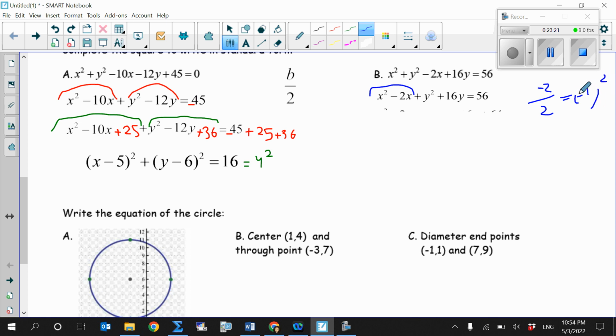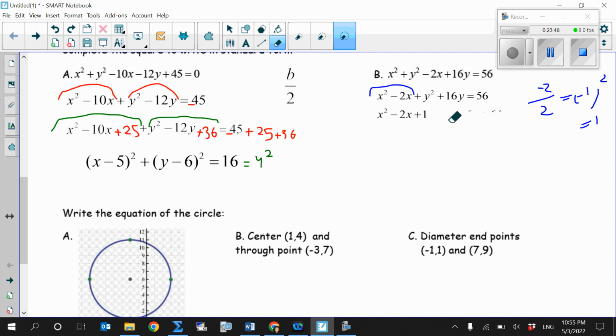So it's b over 2 squared, which is equal to 1. So the missing term for the first part is 1. Okay, x squared minus 2x plus 1. That's the first one. Now the second one, y squared plus 16y. The b value is 16. Divide by 2 is 8.